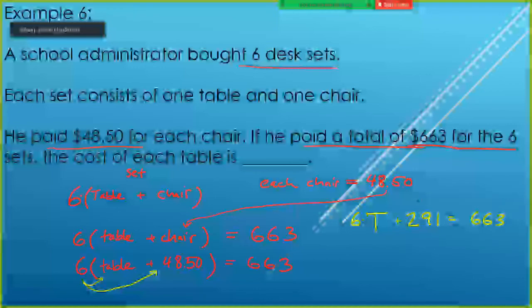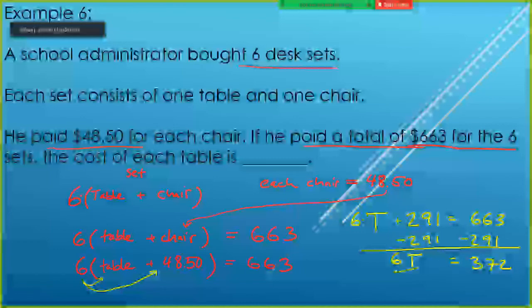Okay, now this doesn't look too bad. This looks just like our earlier problems. Identify what's happening to the t and undo those actions. The farthest away action is plus 291, so we're going to subtract 291 from both sides. 663 minus 291 is 372. So 6t is equal to 372.